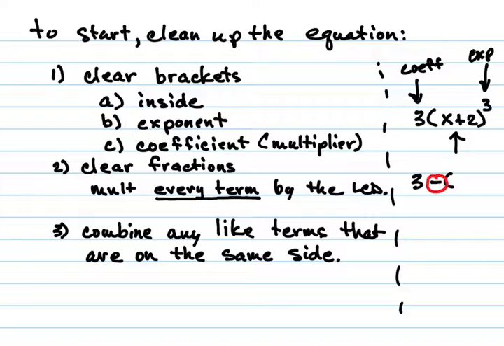So I mean on one side of the equal symbol or the other, that equal symbol breaks the equation in half, and you're going to combine any like terms that are on the same side. So you're going to look at one side of the equation, combine any like terms, then you'll look at the other side and combine any like terms. So don't move anything at this point. You're just cleaning up the equation, getting it ready to solve. You haven't started to solve.